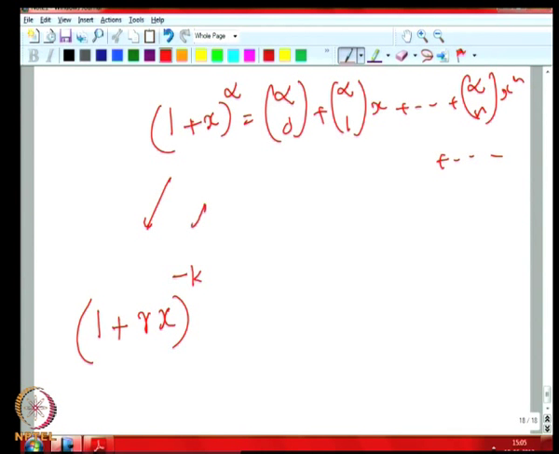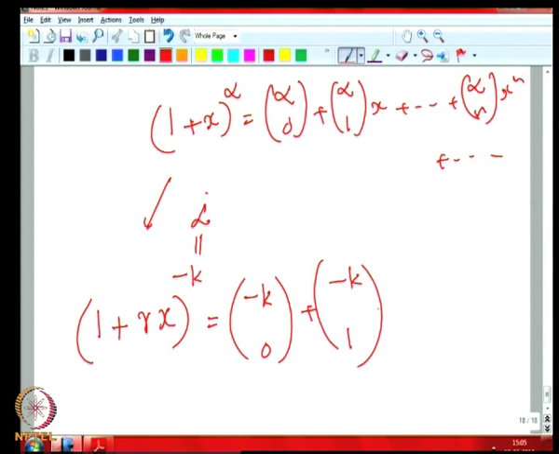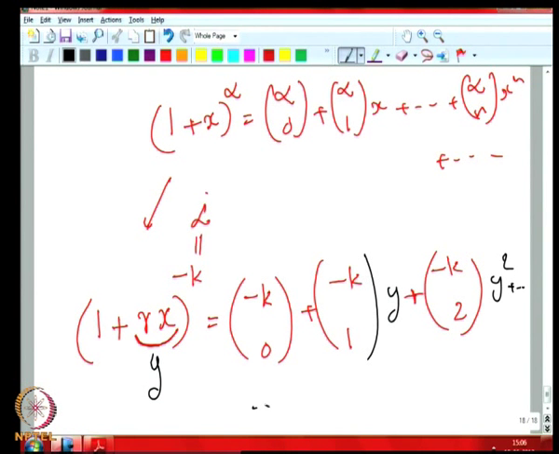So, minus k is taking the role of alpha, right. So, if I put it here, that will become minus k choose 0 plus minus k choose 1 x plus minus k choose 2 x square. As we have mentioned, we should take it as a y or something, and then this will become y, and then y square and so on, right. The general term is what?